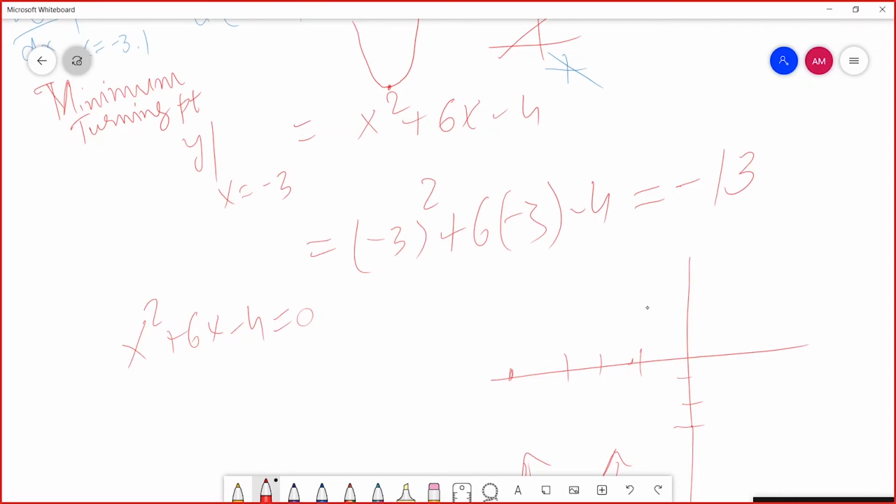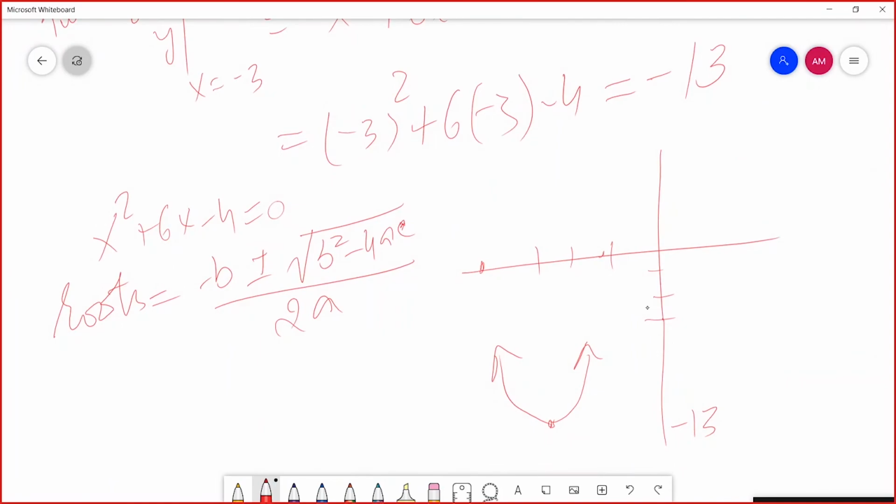You can use the formula for the roots of a quadratic equation: x equals minus b plus or minus the square root of b squared minus 4ac, all divided by 2a. Do you know this?